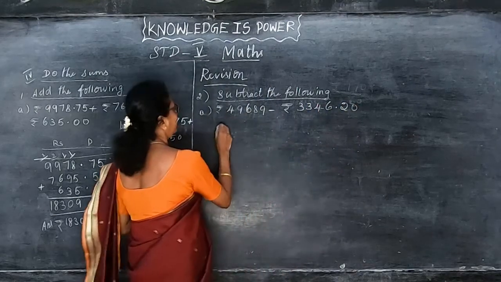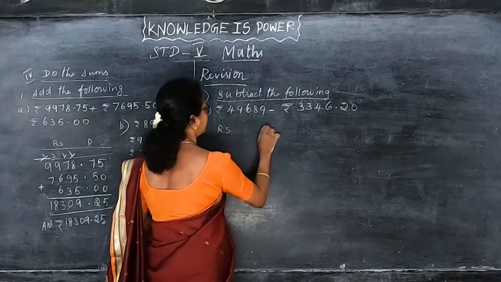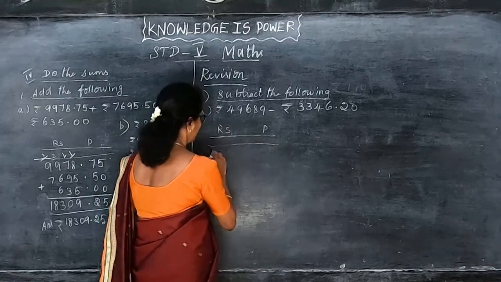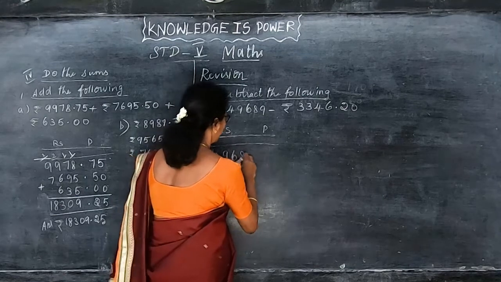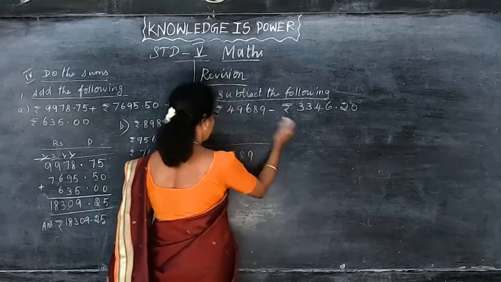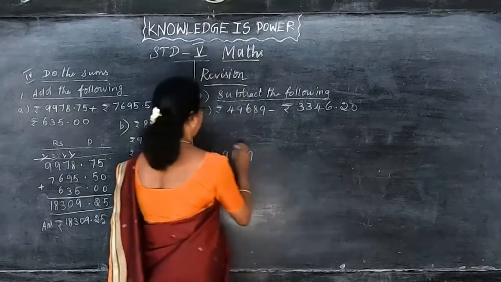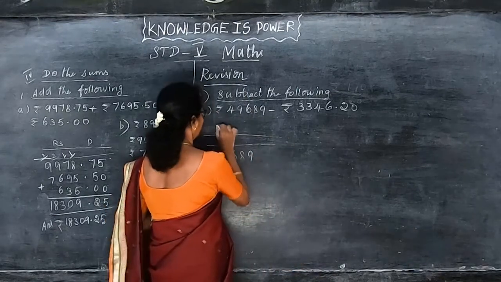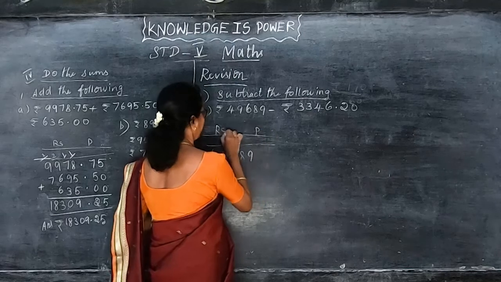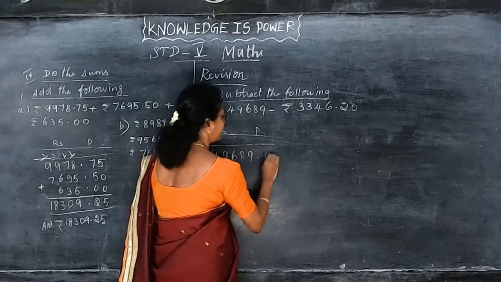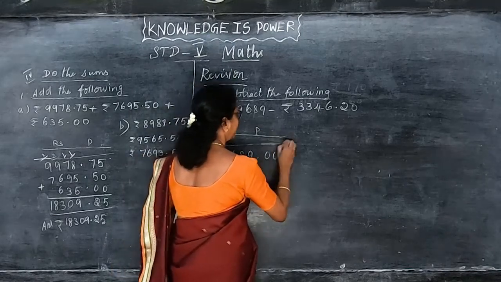So you can write rupees and paise. Sorry, not rupees and paise. They have given only in rupees. Rupees and paise, here paise is 00. In this sum they didn't give the paise.